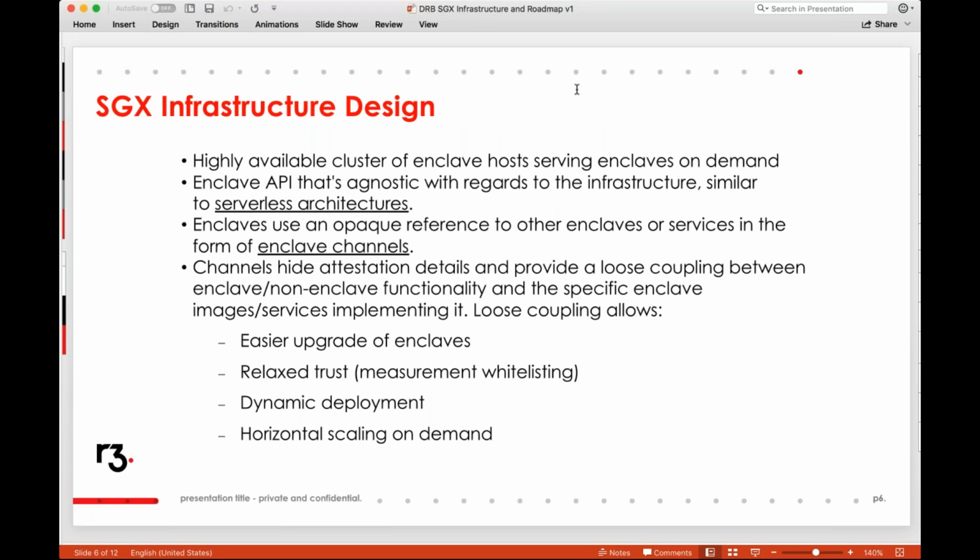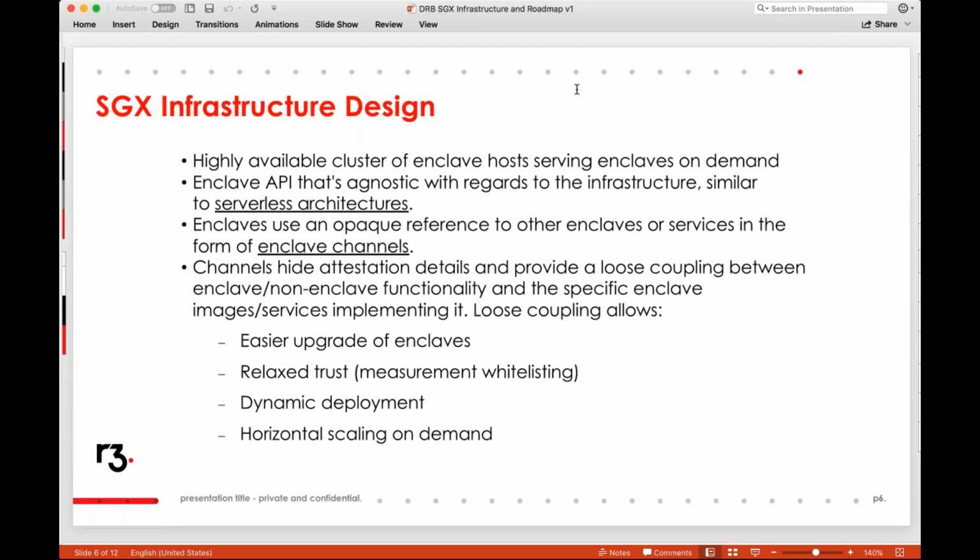Right. So let's move on to the infrastructure design. The basic idea is to provide a highly available cluster of enclave hosts. So we would have homogeneous services which you spin up, and then these hosts can serve enclaves on demand.